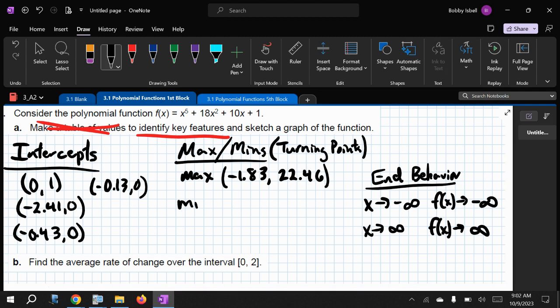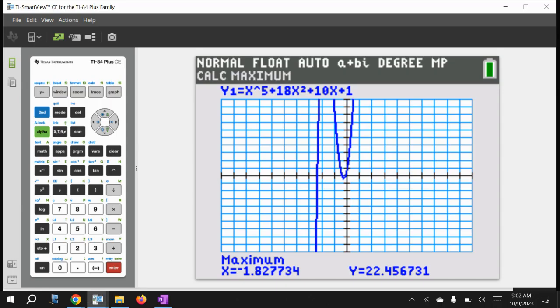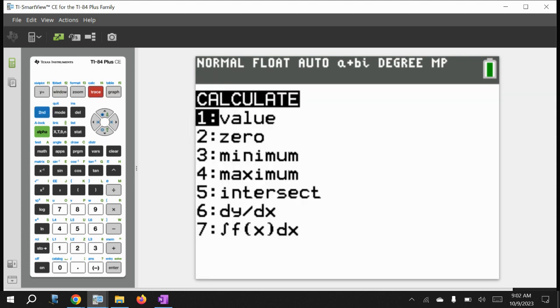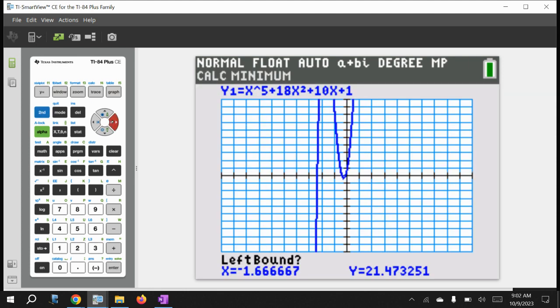And then I know I have a minimum that I can see right here, somewhere between those two x-intercepts that I found. I'm just going to use the calculator, hit second trace, minimum. Move to the left, to the right.